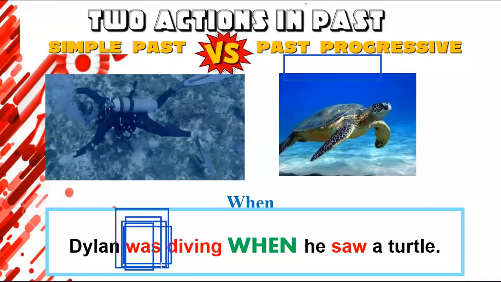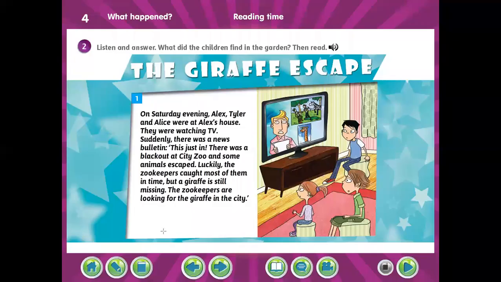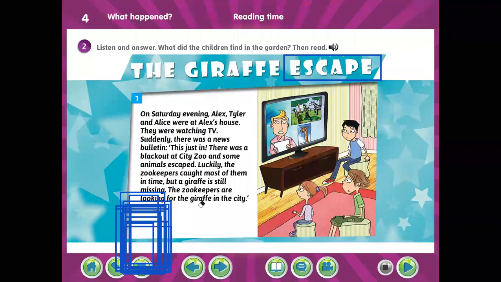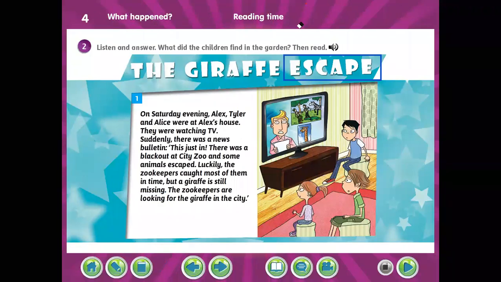Anthony was looking at the stars. I was looking for the biscuit jar. My sister was reading a book. My mom was cooking. Okay, this kind of sentence, this kind of expression that is using was or were. Now let's listen one more time to the story and identify, please, expressions in past progressive.